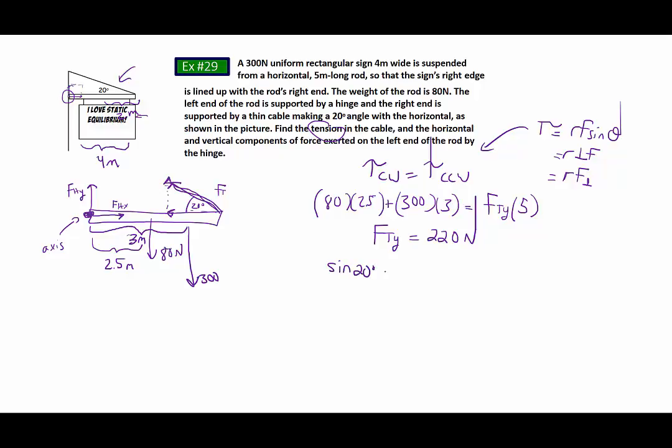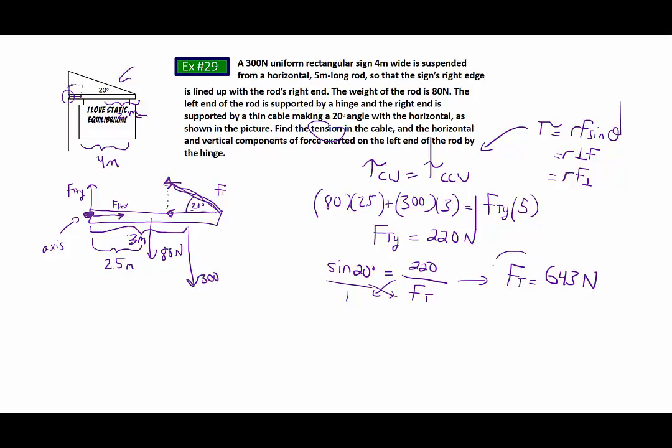So sine of 20 degrees is going to be equal to opposite over hypotenuse. My opposite was FTY, 220, over the hypotenuse, which was FT, and so I can solve for my force of tension as being 643 newtons. Don't forget that to get FT by itself, I would of course have to cross multiply and get FT to the numerator and then solve out.